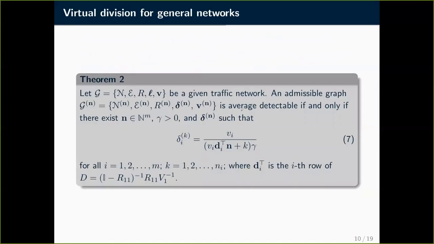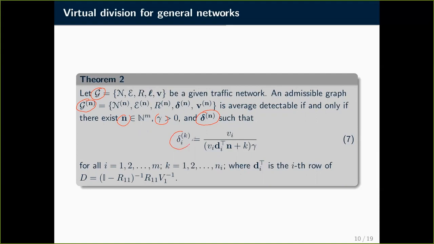So we introduce now the results, and the first one we express in theorem 2. The proof is in the paper. We state that if we have the original graph G and an admissible graph G of n, then G of n is average detectable if and only if there exists the following relationship between the partition vector, gamma, and the vector of cell lengths.